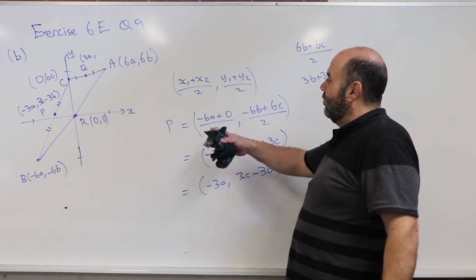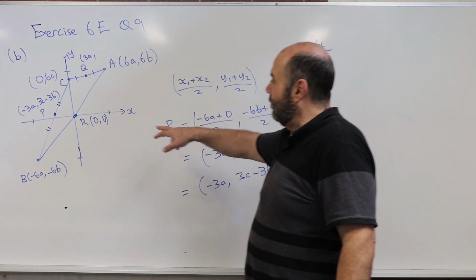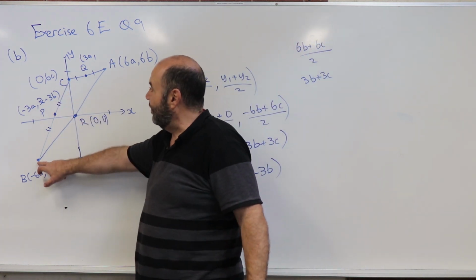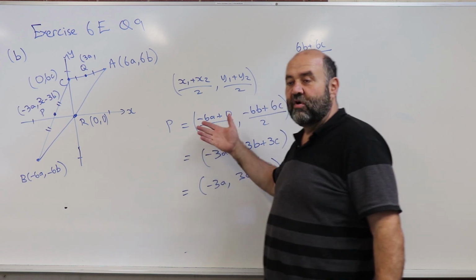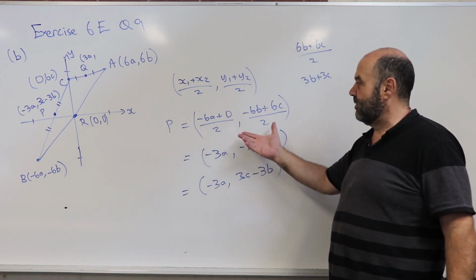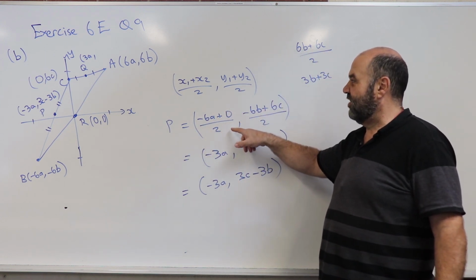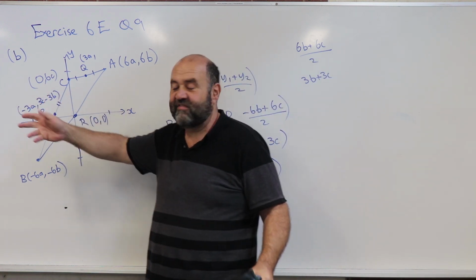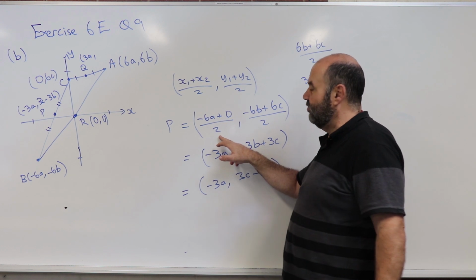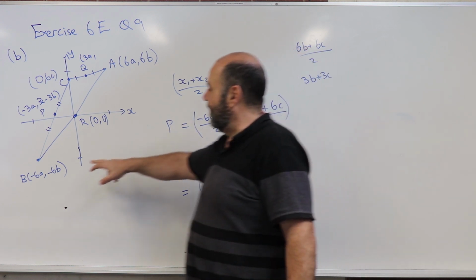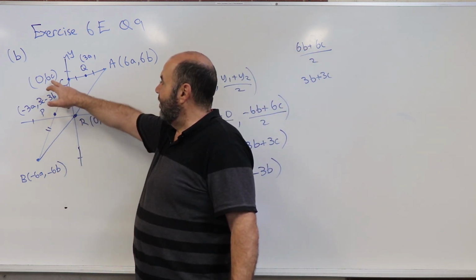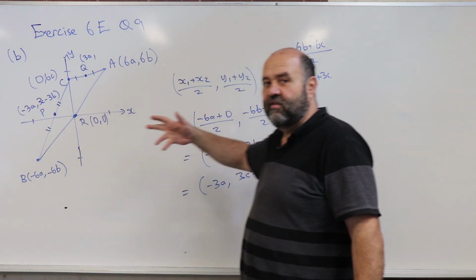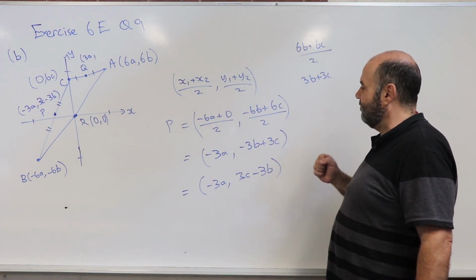So when we wanted to find the midpoint, we wanted to find P, the midpoint of B and C, I just applied the midpoint formula. So negative 6a plus 0, adding the x values and then dividing by 2 to get the average. And then negative 6b plus 6c, adding the y values and dividing by 2 to get the average.